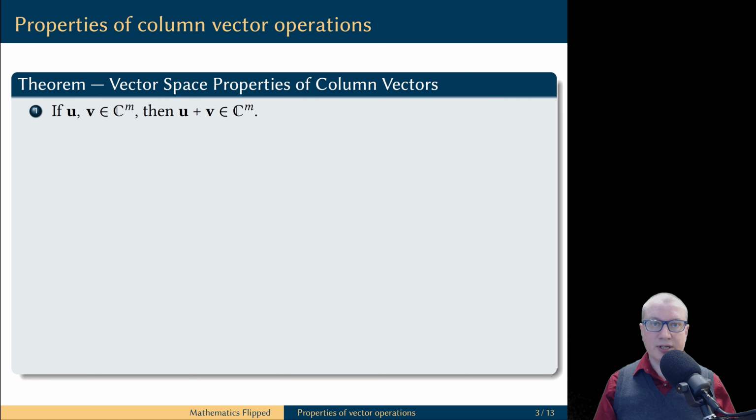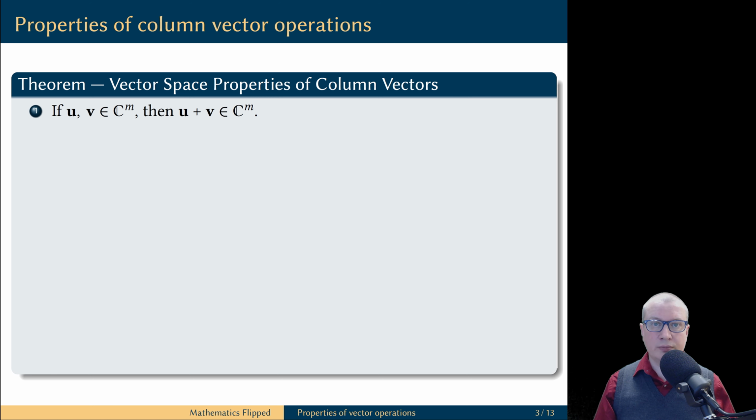The first property says that the vector space of column vectors of size m is closed under the operation of vector addition. Namely, if you add two column vectors of size m, the result is another column vector of size m. That is, by performing the operation of vector addition, you always stay inside the set Cm.